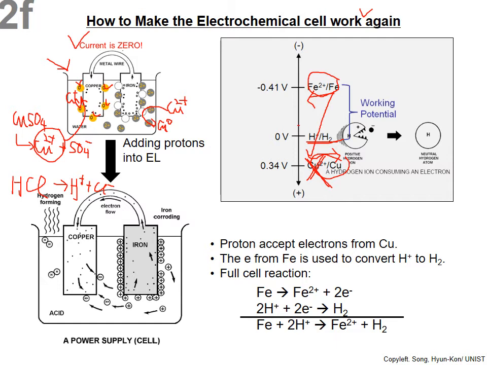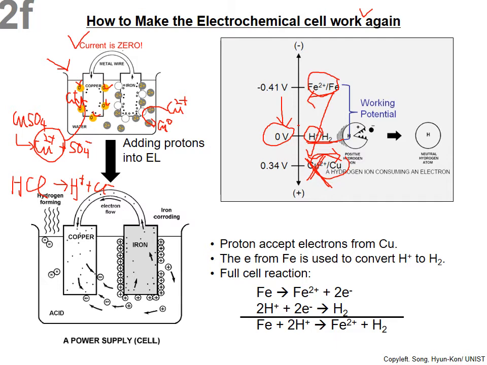The pair of electroactive species like proton and hydrogen gas has a reduction potential of 0 volt, which is more positive than the reduction potential of Fe2+/Fe. The good thing is that H+ is not the reduced species, but the oxidized species.